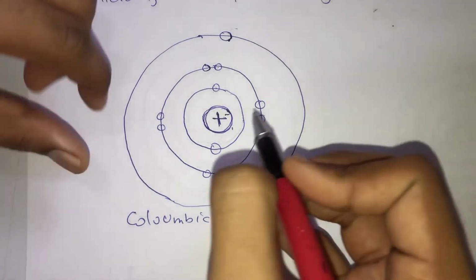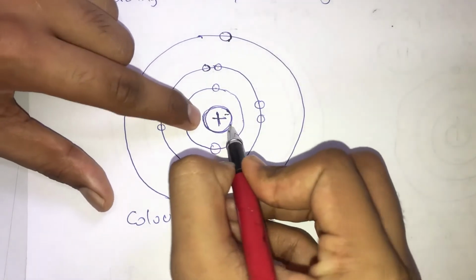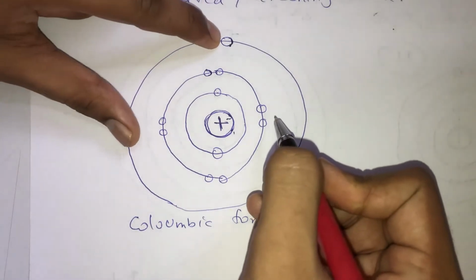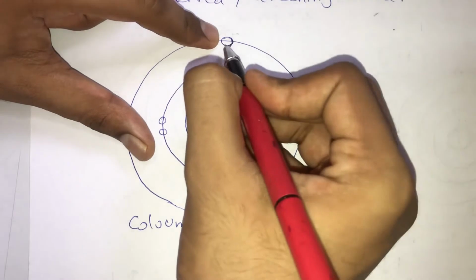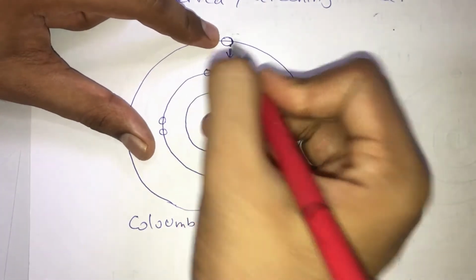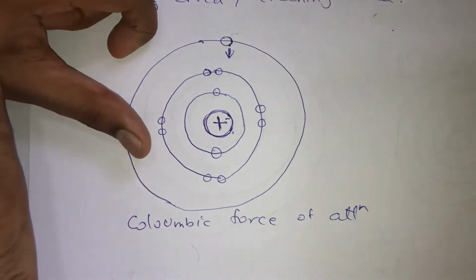Since this nucleus is positively charged and this electron is negatively charged, this nucleus will try to attract this electron towards itself.